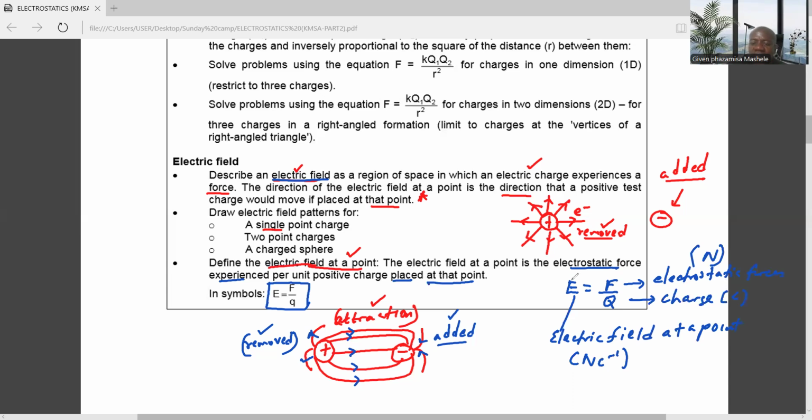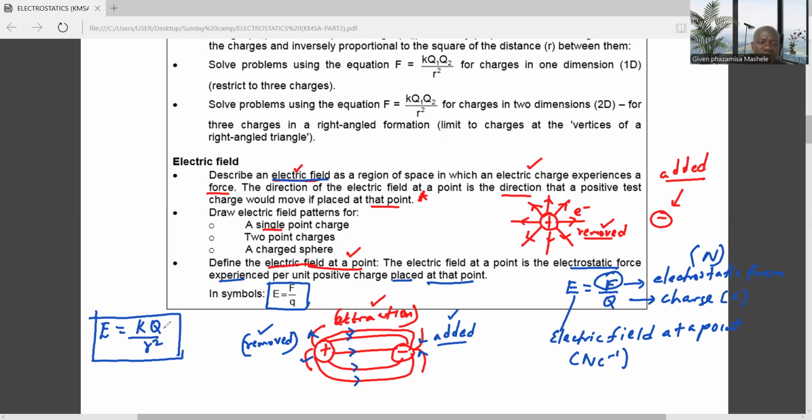That's why we said the electric field at a point is the electrostatic force per unit positive charge placed at that point. And now, this Q here is called a test charge, which means when we are calculating the electric field at a point, we can either use this formula or we use KQ over R squared. And why are we using KQ over R squared?